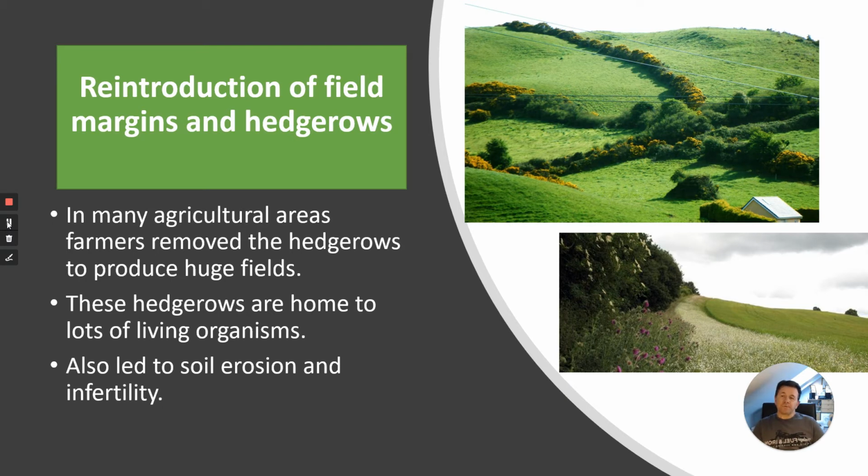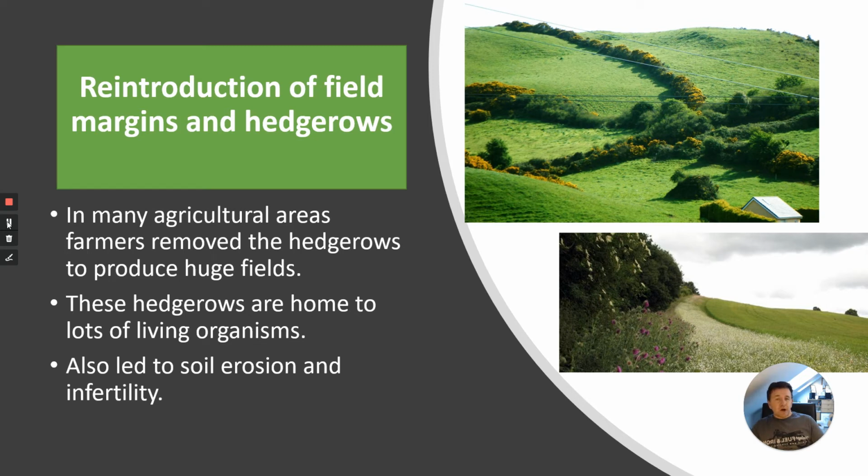So there is a move in many parts of the world to reintroduce field margins, to grow wildflowers there to improve biodiversity, and also to replace hedgerows, because in many agricultural areas they were removed to produce huge fields. That increases crop yield, and allows farmers to use larger, more efficient machinery.